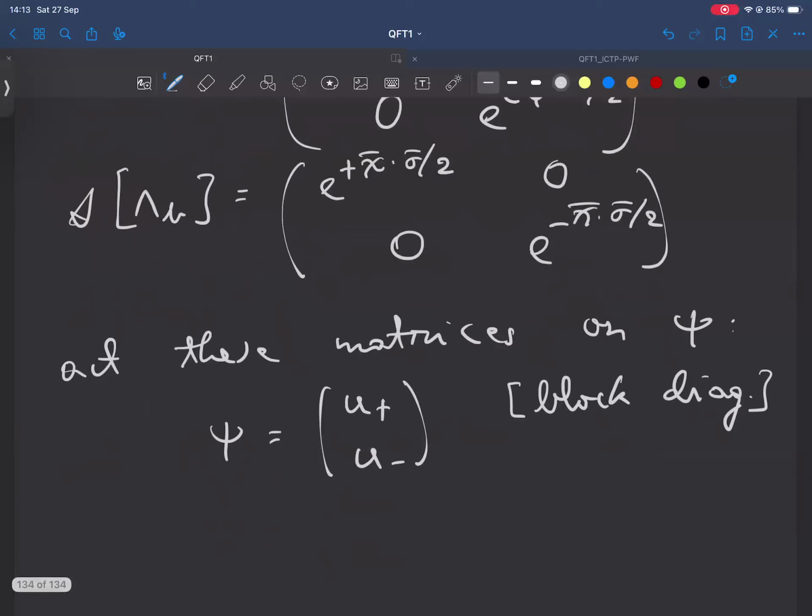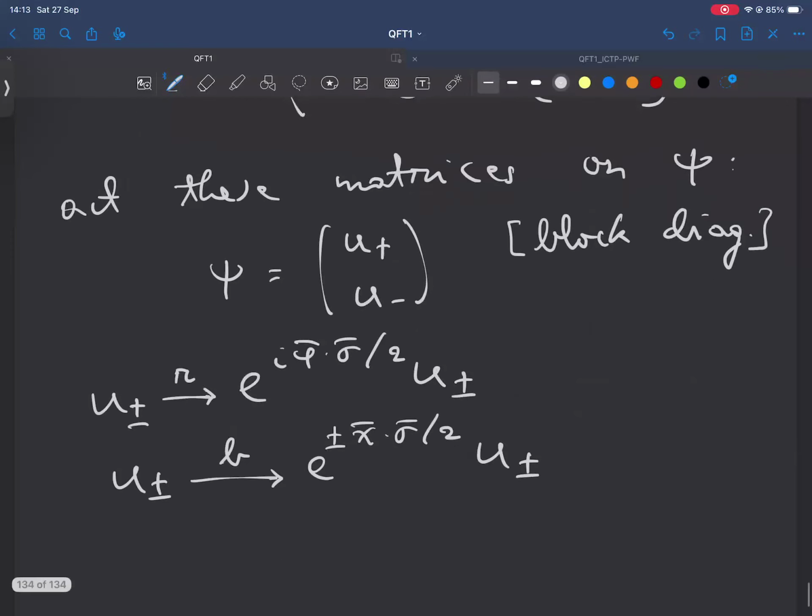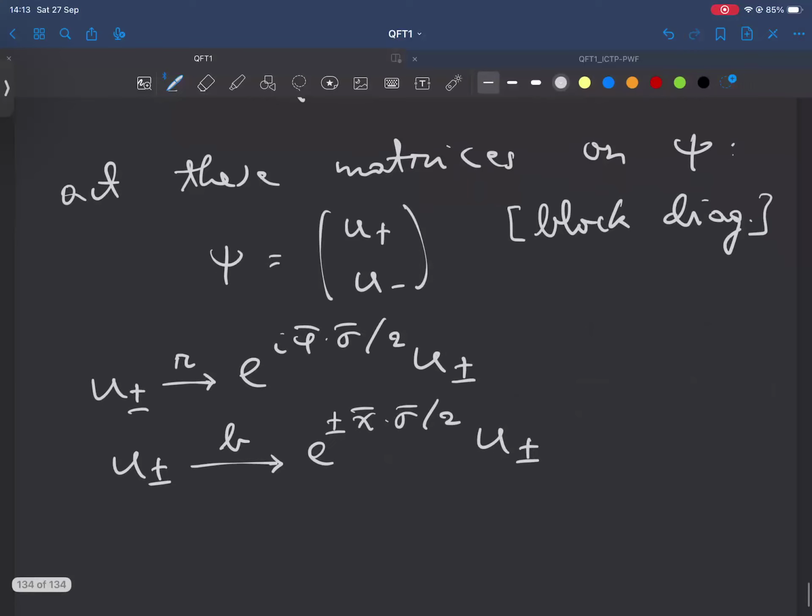And u plus will transform with a plus sign under rotations, so u plus and u minus both transform the same way under rotations, but under boosts they transform with opposite signs, so there is a spin flip for that.